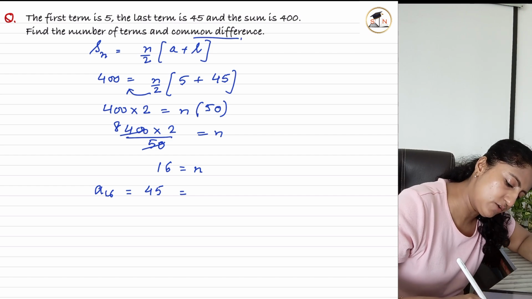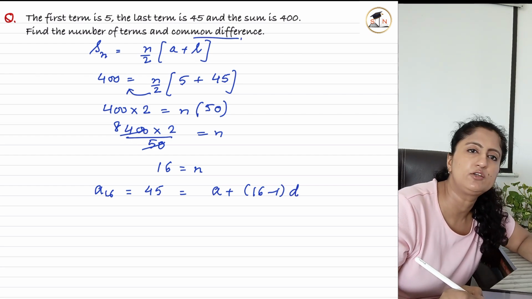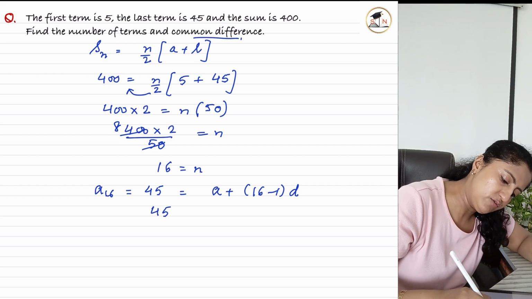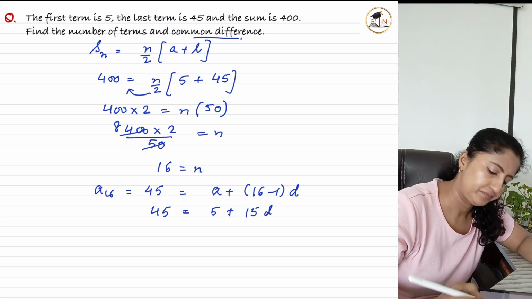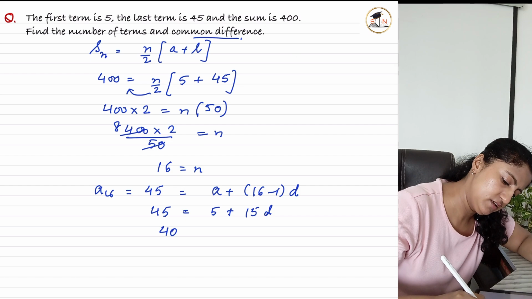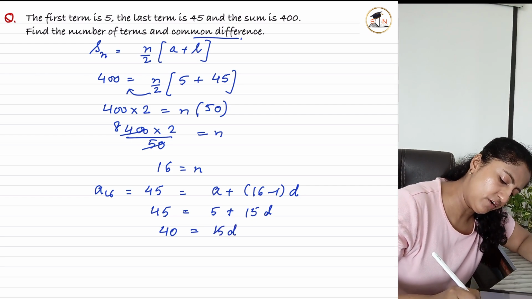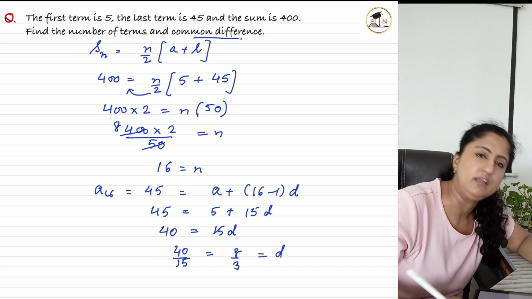And A16 is also equal to A plus 16 minus 1 D, because we need to find D. So I am using the relation of AN over here. 45 equals the value of A was 5, plus 15 times D. Now 45 minus 5 is 40 equals, we have got 15D, and the value of D comes out to be 40 over 15, which is 8 over 3 as D.